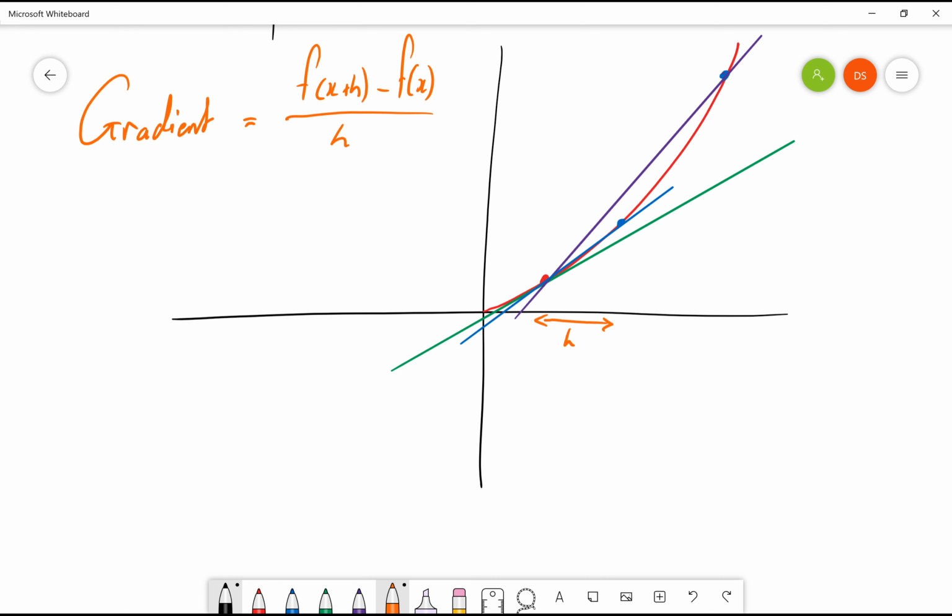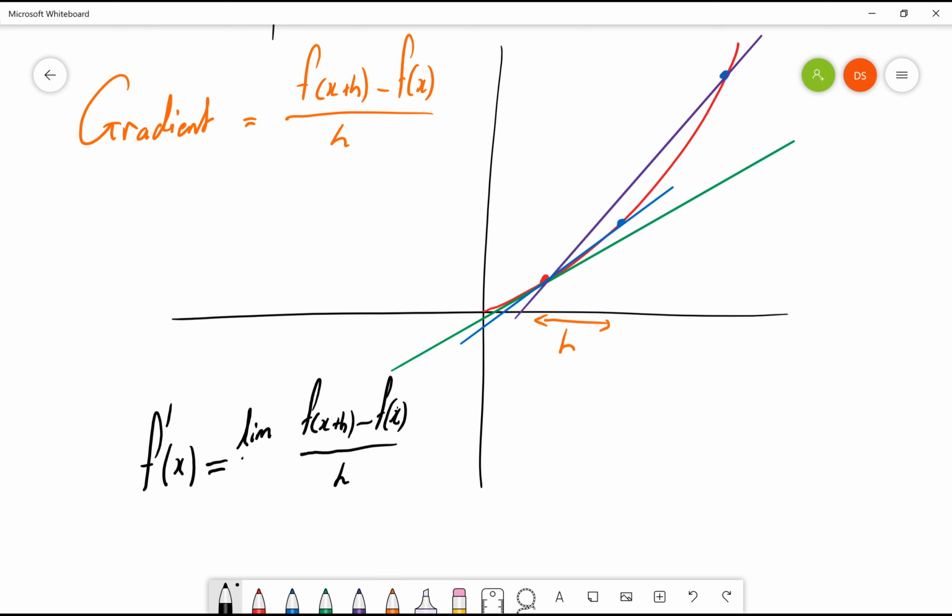So I want to make that smaller. So in essence, to find the derivative or the gradient function, I would like the change in y over the change in x, but I'd like to do it such that this h gets smaller, and we know some notation for that.